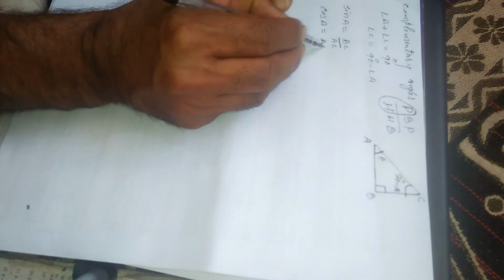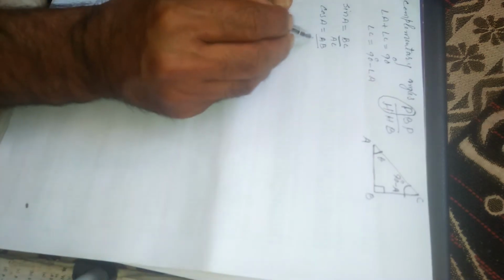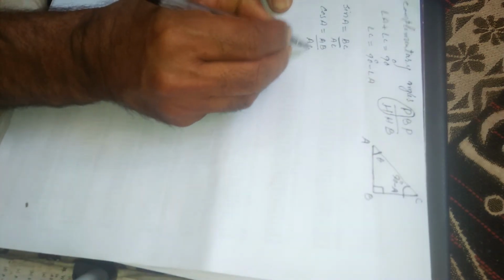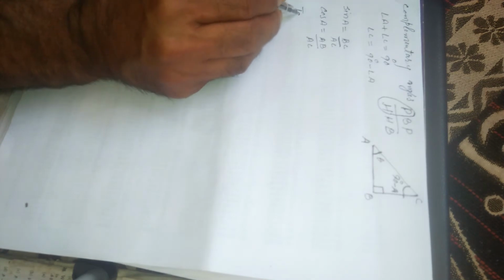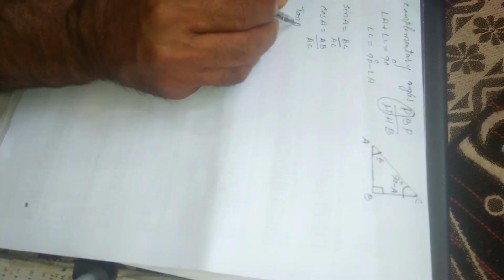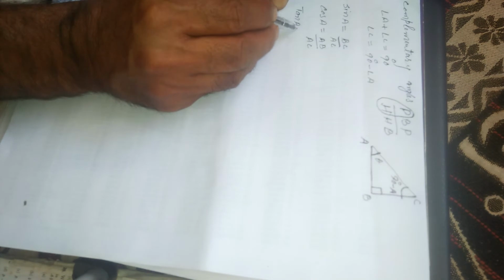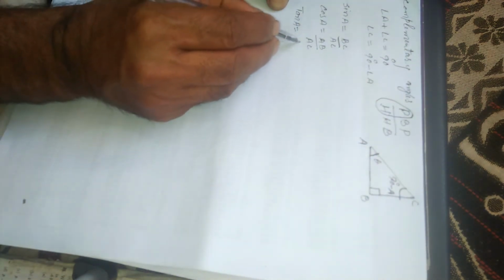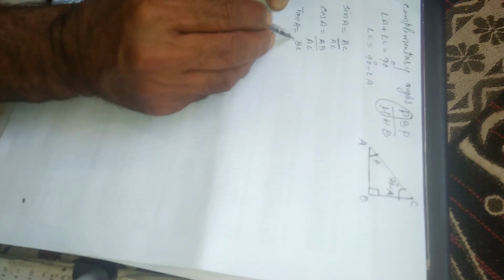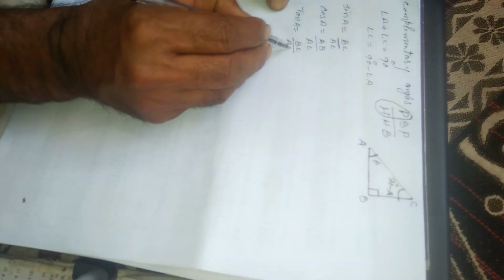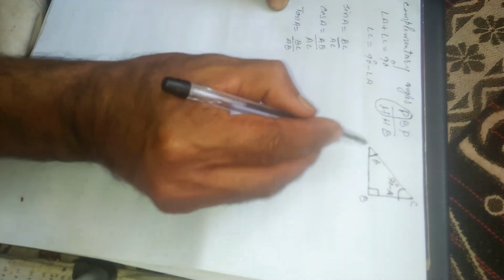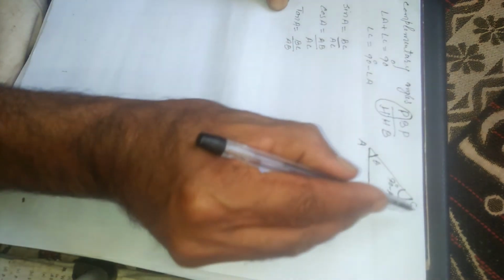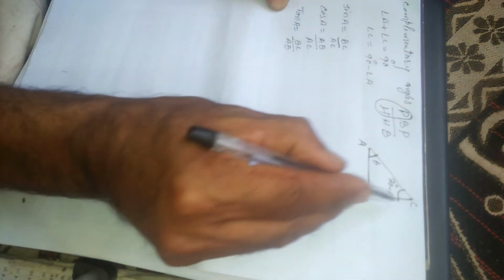For angle A, base is AB and hypotenuse is AC. For tan A equal to perpendicular upon base, BC upon AB. As for angle A, AB is the base and BC is the perpendicular.